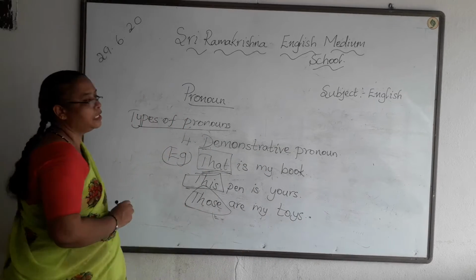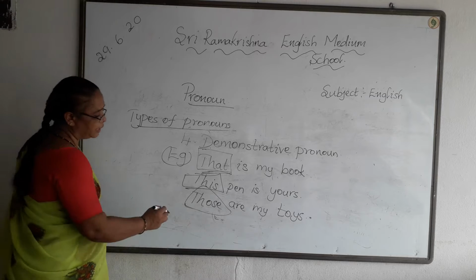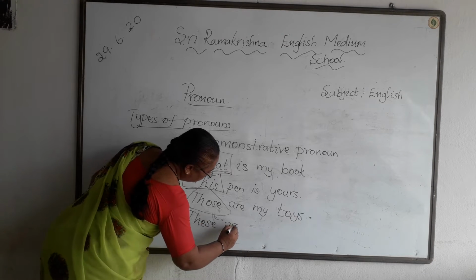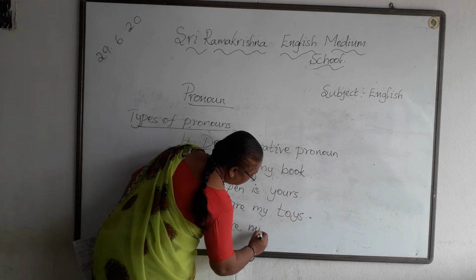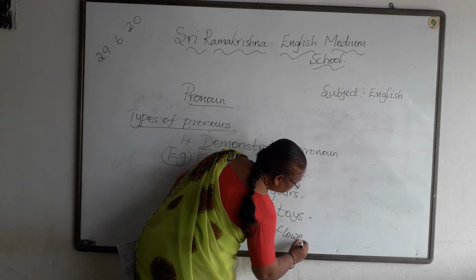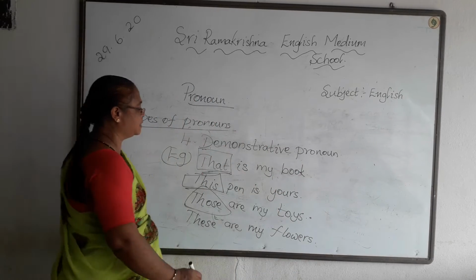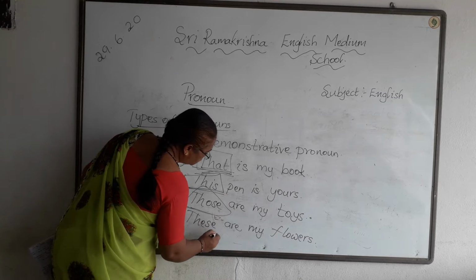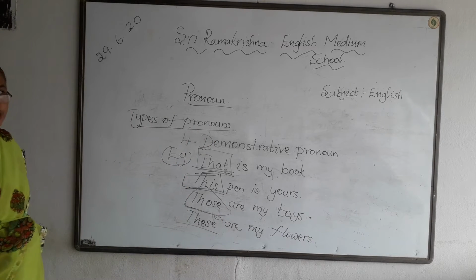Those is the demonstrative pronoun. Next, these are my flowers. So here this, that, those, these are all demonstrative pronouns.